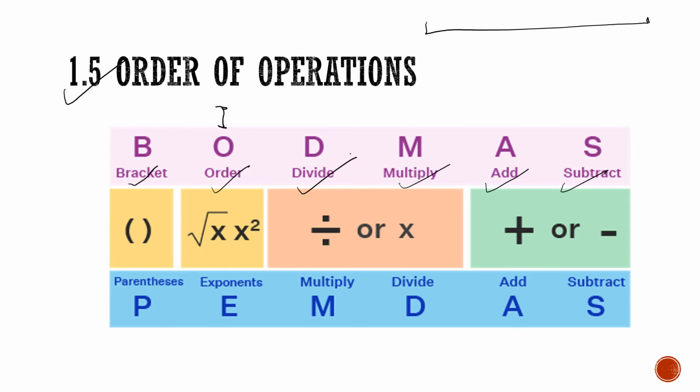The order means square or square root. It's not only for square root or square, it can also be cube, or to the power of four, and so on. Then we have divide or multiply, whichever comes first, you do that from the left-hand side, then add or subtract.